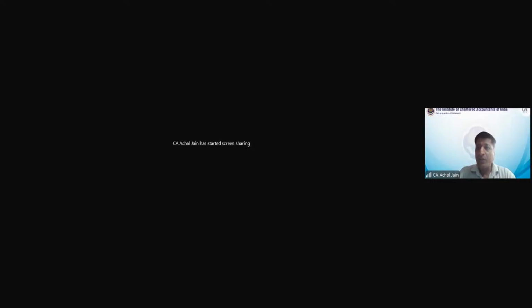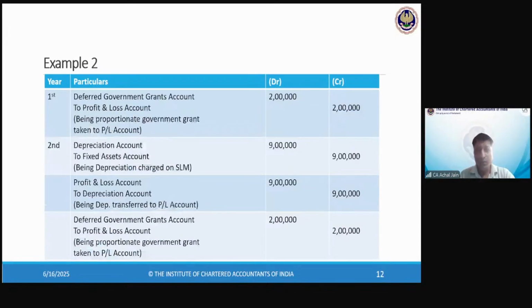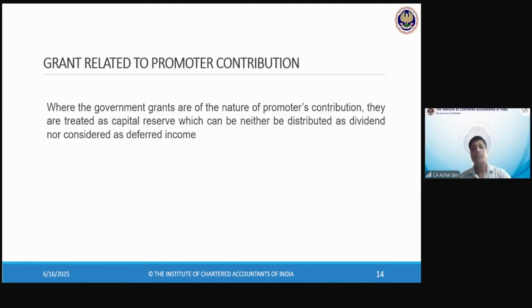Now what is that grant? See, if the grant is received here again from the government, but the nature of grant is similar to a capital contribution.